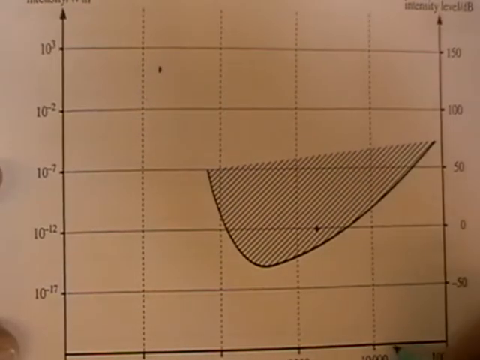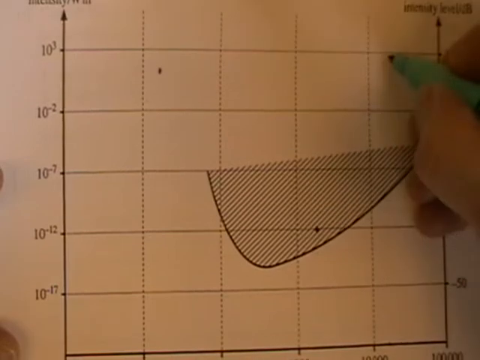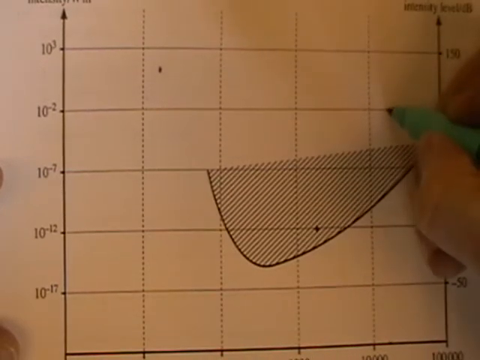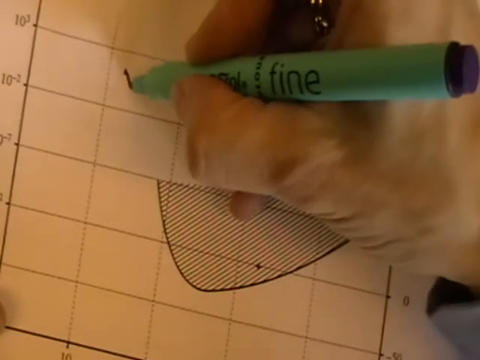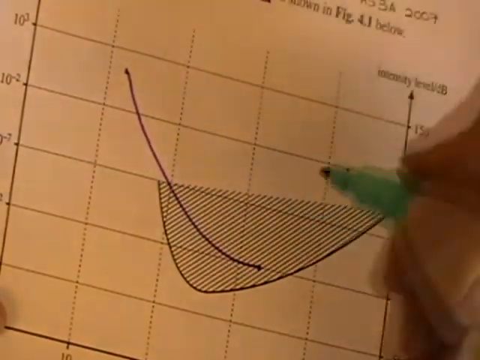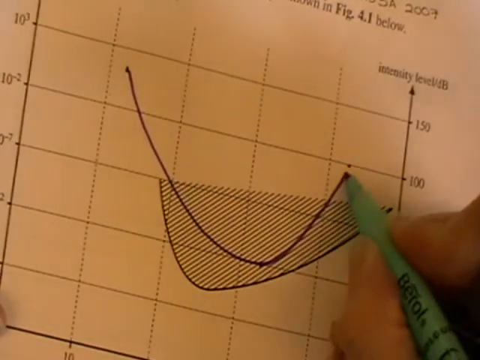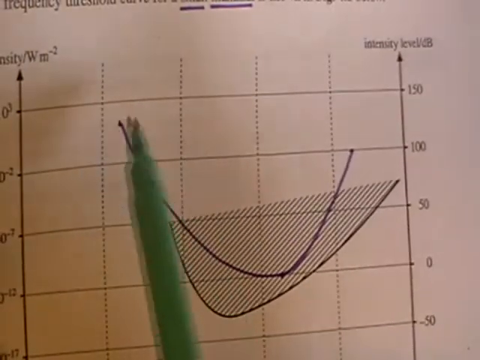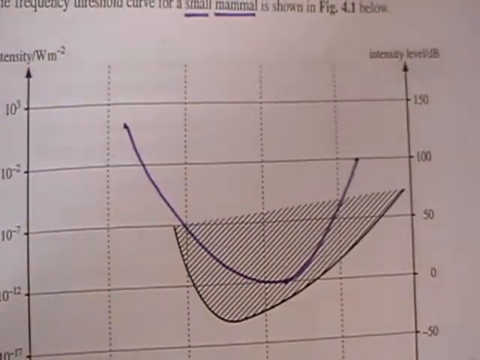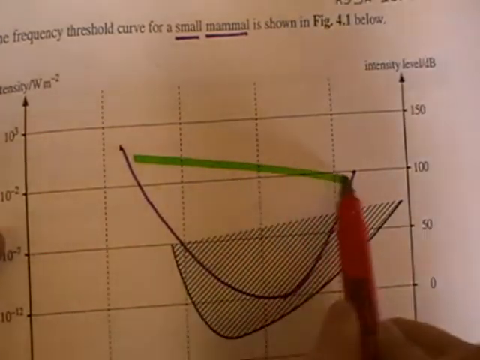And we can hear up to 20,000, which would take you up to about 10 to the minus 2. So that's what a human would look like there, and we would obviously hear everything in between. I'll just show that in green so you can see it.